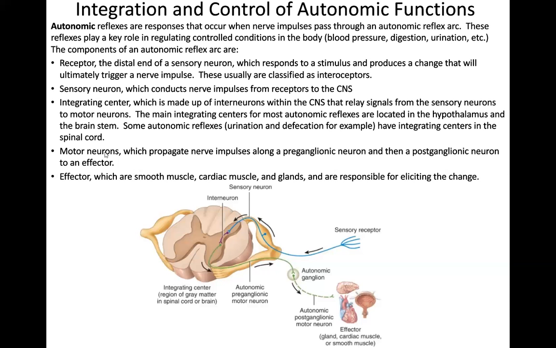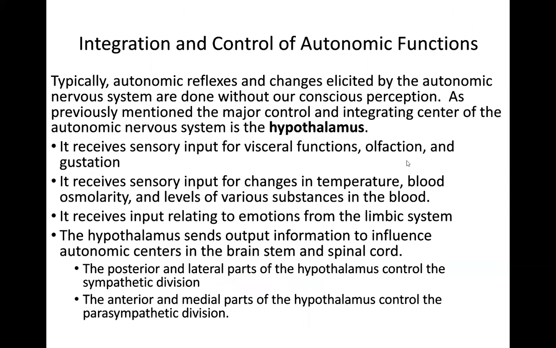And that's why it says motor neurons, not just one, propagate nerve impulses along a preganglionic and then a postganglionic neuron, which then carries the signal to the effector. And as I've hammered in to you guys, hopefully by now you know whenever it's autonomic, we're talking smooth muscle, cardiac muscle, glands, which elicit the actual change or response.